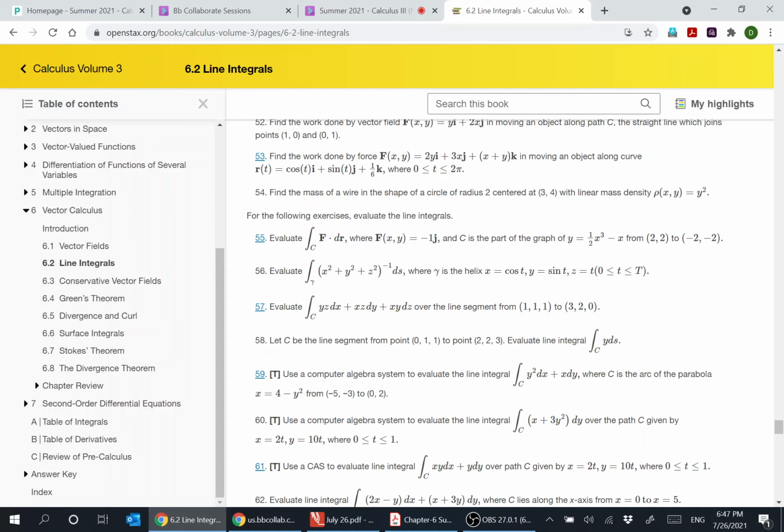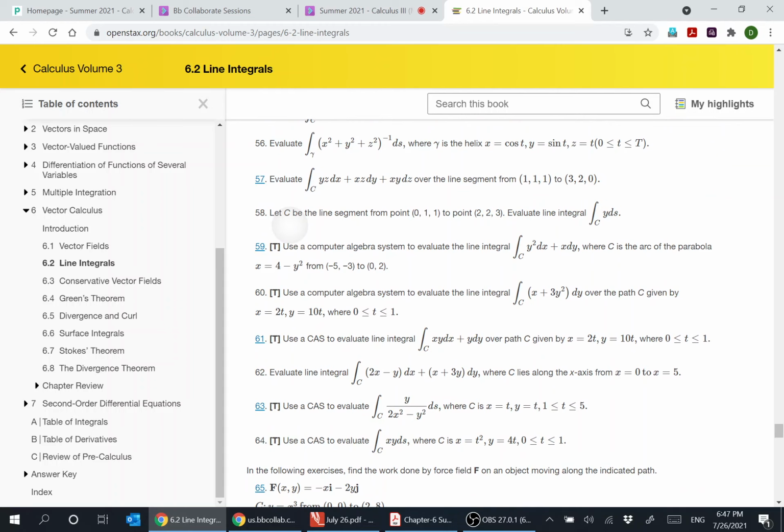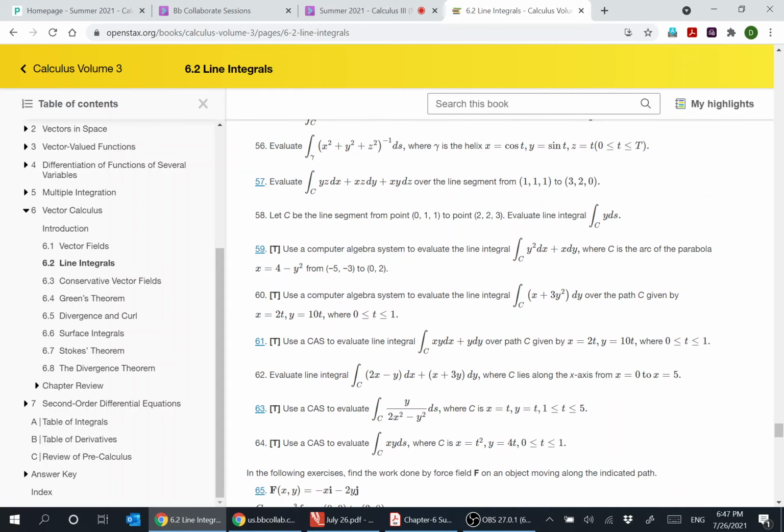Yeah, that one's conservative in 57, so we don't want to do that one. That one is conservative as well in 59. No, it isn't. So 59, that's a nice example there. So use a computer algebra system. You don't need a computer algebra system. Just calculate this line integral, y squared comma x.